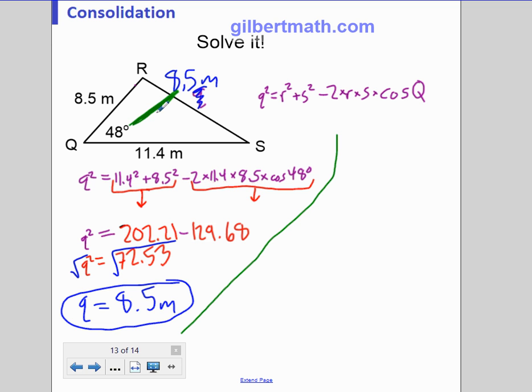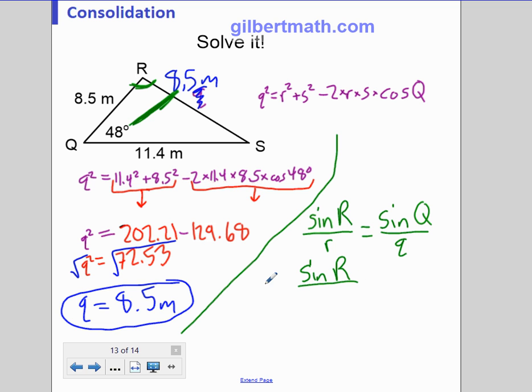From here, I'm going to use the sine law to find angle R, and then I'll find angle S through subtraction. I'm going to set up the sine law for angles. I put sine R on top, and I divide by the length of side R, and that is equal to sine of Q over Q. I always use this one because it's the only one I have that's complete, and hopefully you remember that you need to have a complete ratio.